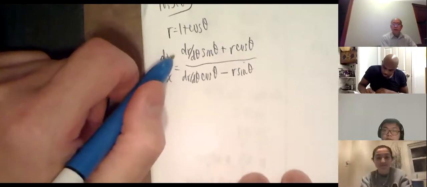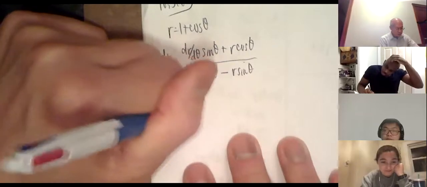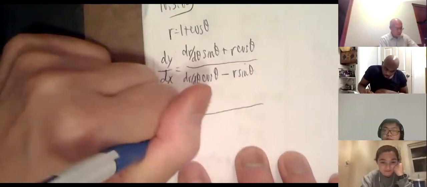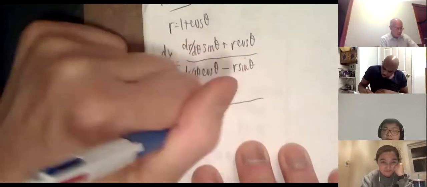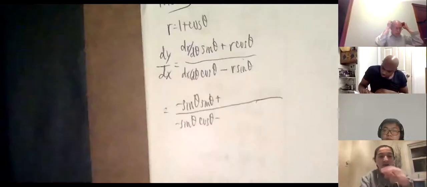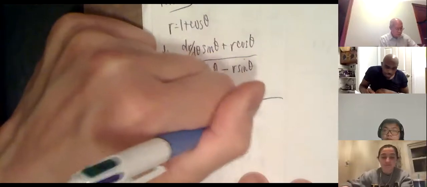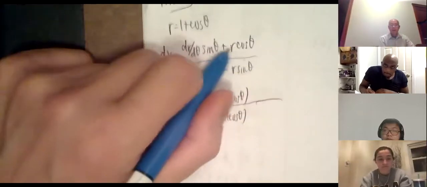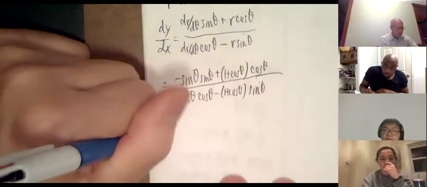Okay, so dr/d theta is negative sine theta. So negative sine theta, negative sine theta. This one is times sine theta. This one is times cosine theta. Plus, minus r, so the original r, 1 plus cosine theta, 1 plus cosine theta. And this one gets cosine theta. This one gets sine theta. Okay, so let's clean it up.